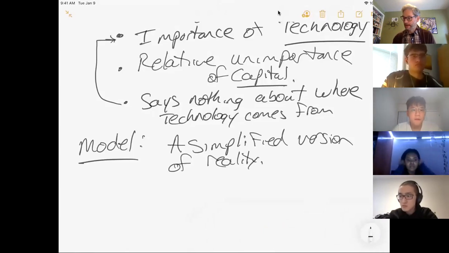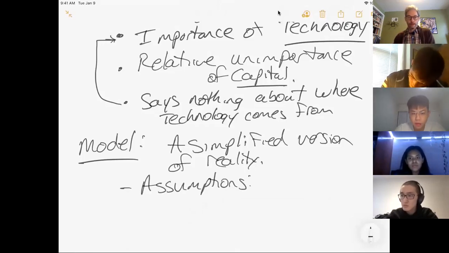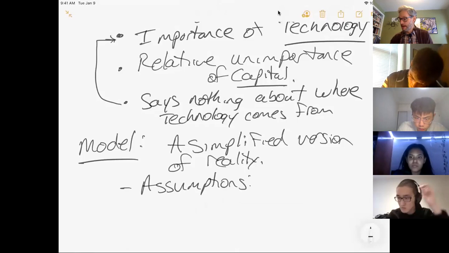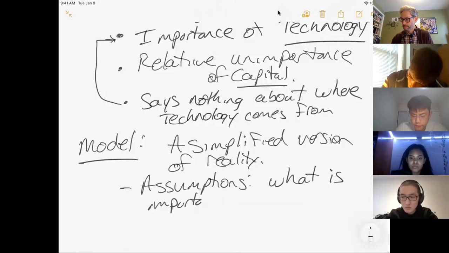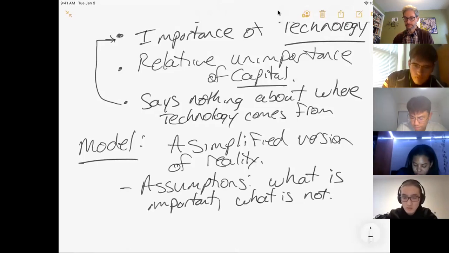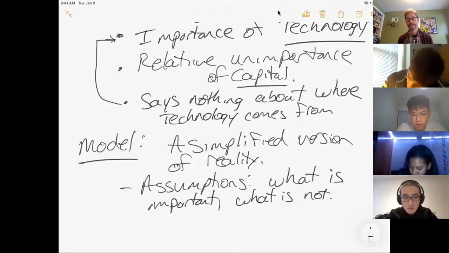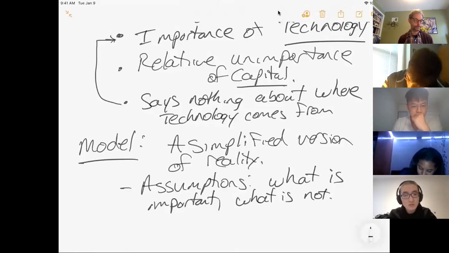And so the way that we do that is by making assumptions. And that really is what a model is. A model is just a set of assumptions about what is important and what is not. So we try to assume away the things that are not so important because they just simply clutter our analysis. And we tend to focus on what is important, what's absolutely crucial to our understanding of the question that we're trying to address.